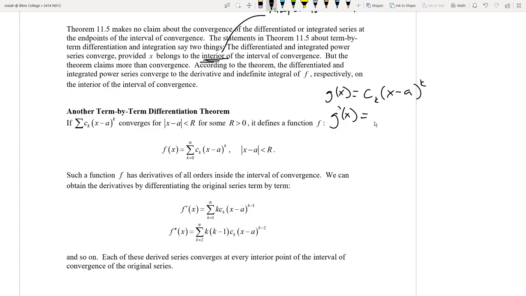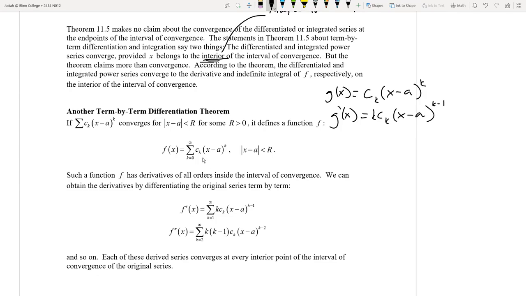I would take k, bring it down, and have k minus 1 as my power, and I'd have to do the chain rule, but I just have 1 here. So this is my result. If we put a series in front of it, it gives us the same exact thing. We have k times c sub k, x minus a to the k minus 1.